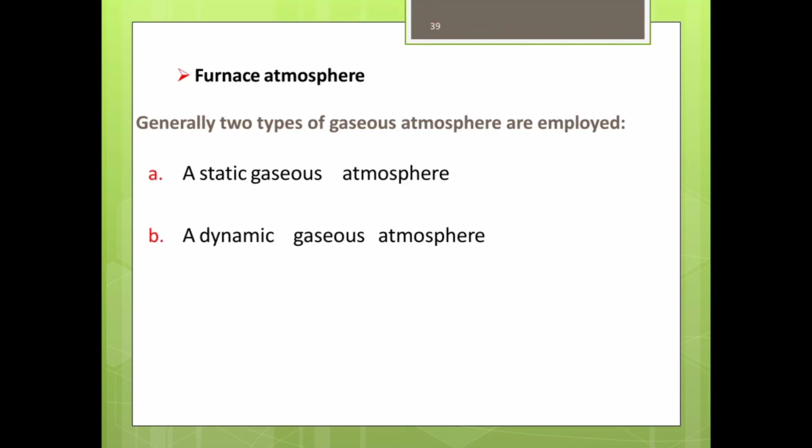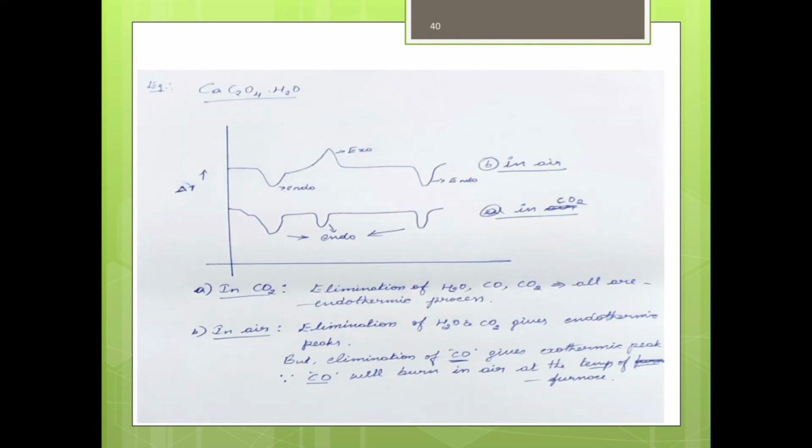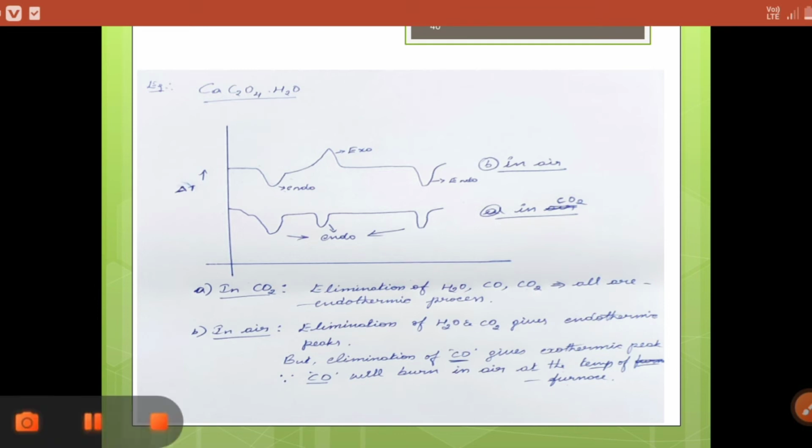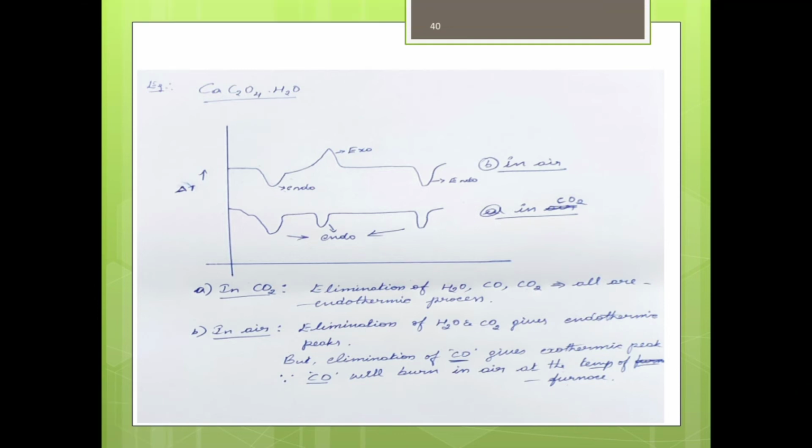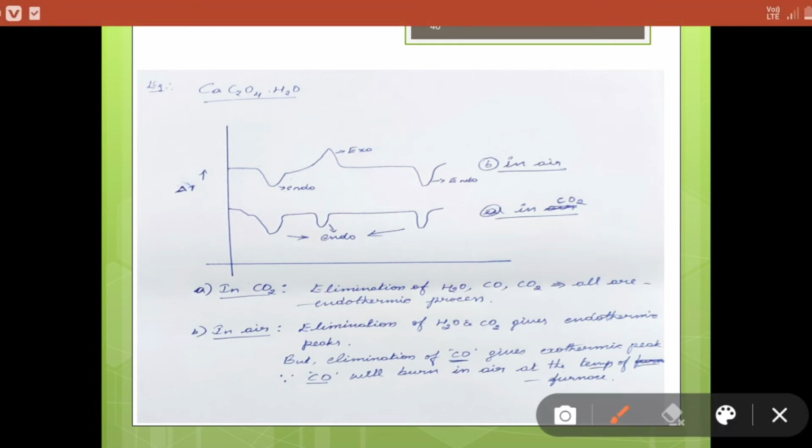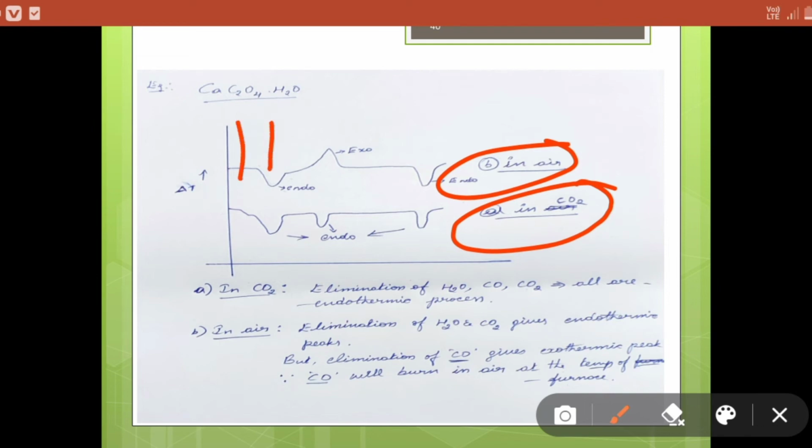Furnace atmosphere. There are generally two types, static and dynamic. Atmosphere of calcium oxalate monohydrate in the presence of air and in the presence of CO2 environment. In the presence of air, this peak is for H2O, this is for CO and this is for CO2.